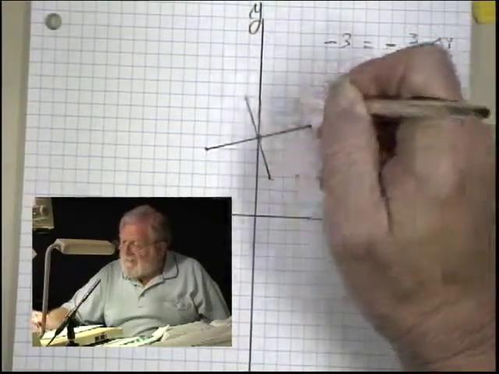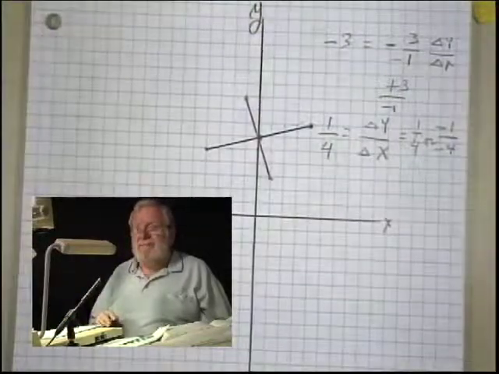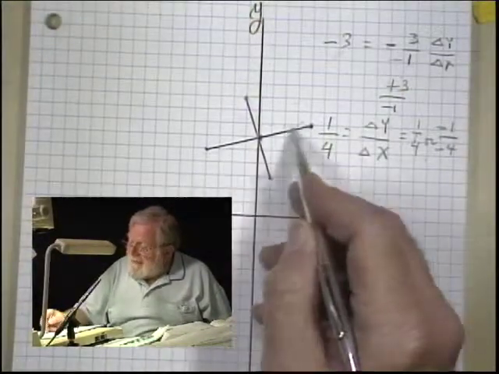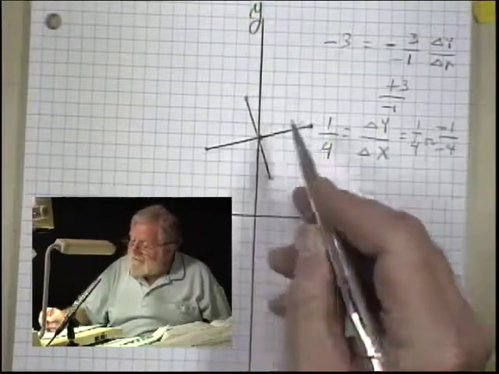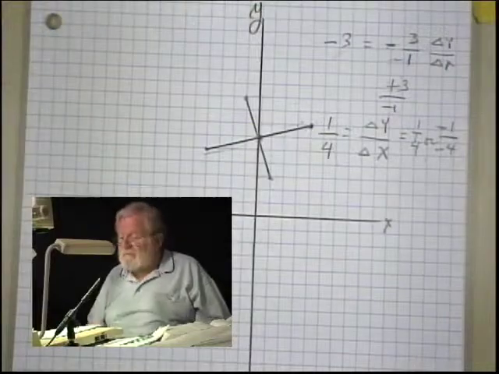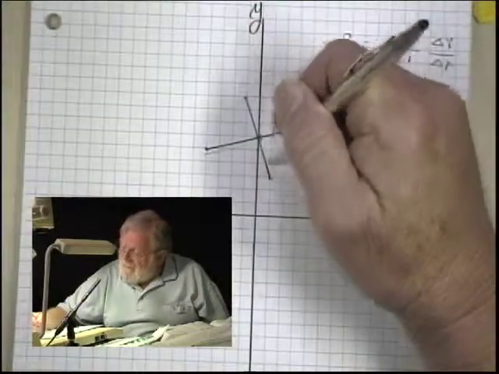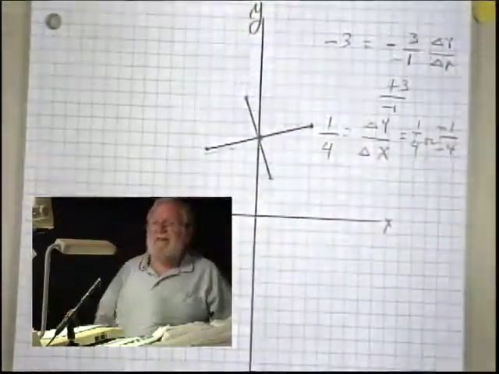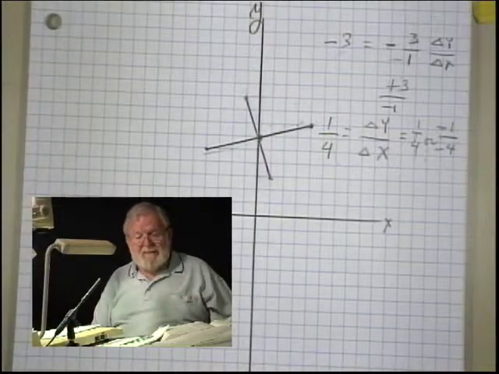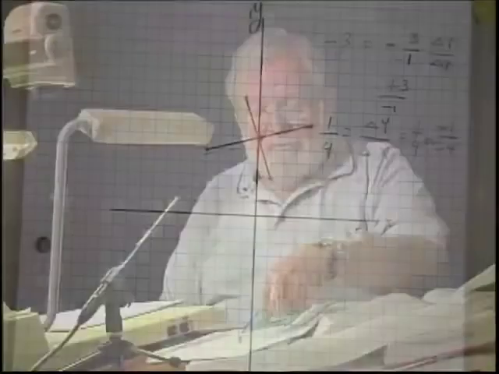For a positive slope, as you go from left to right, the line goes up, or it rises. If you have a rising line from left to right, you have a positive slope. If you have a falling line from left to right, you have a negative slope. Okay, that's the end of example 2, problem 2.